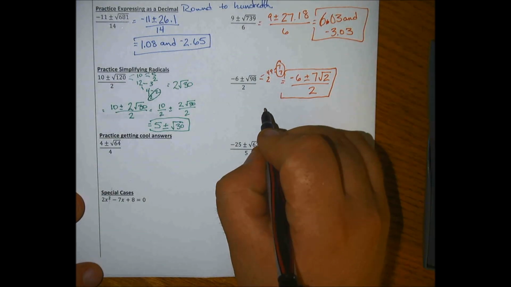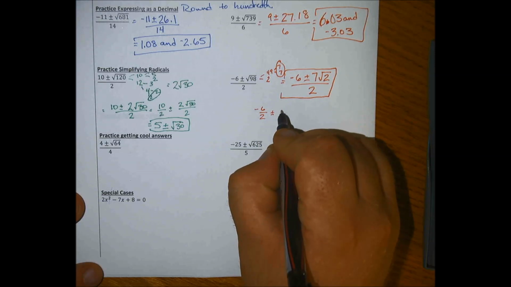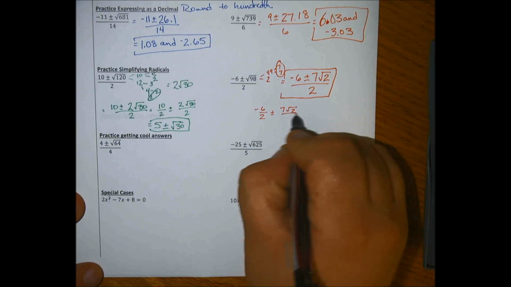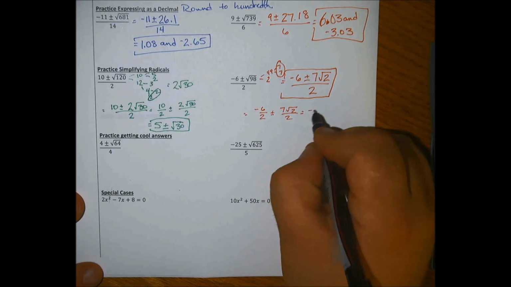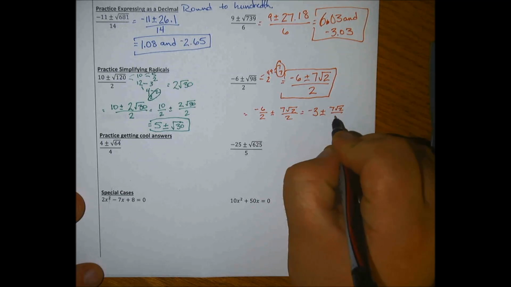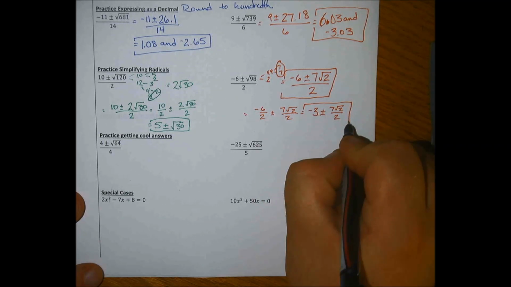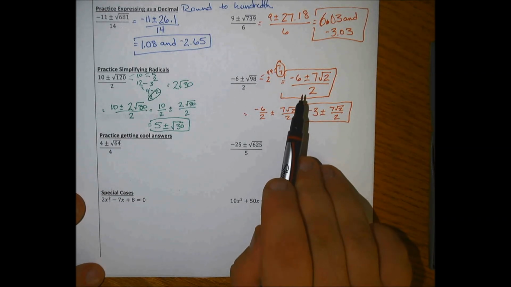You may have written negative 6 over 2 plus or minus 7 root 2 over 2, which would then simplify to negative 3 plus or minus 7 root 2 over 2. That's another answer, but honestly, this one's quite a bit easier.